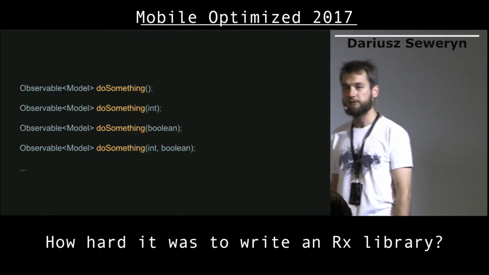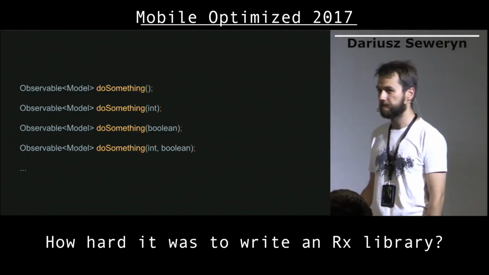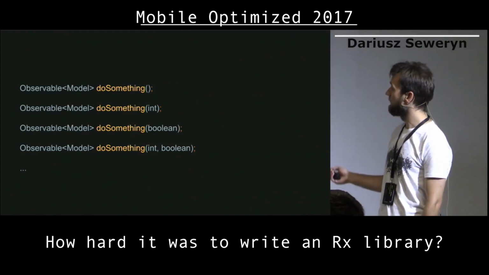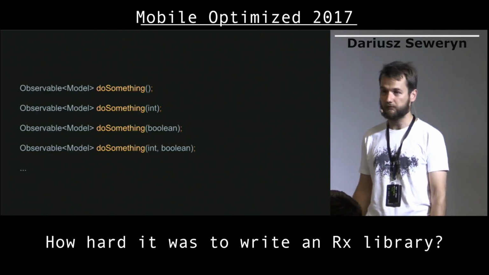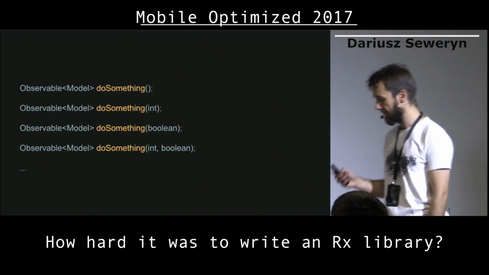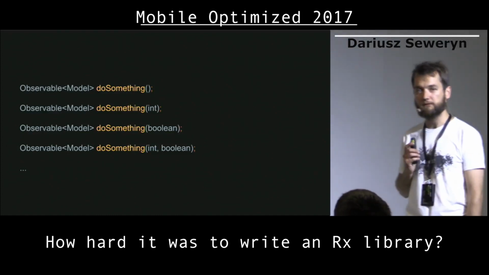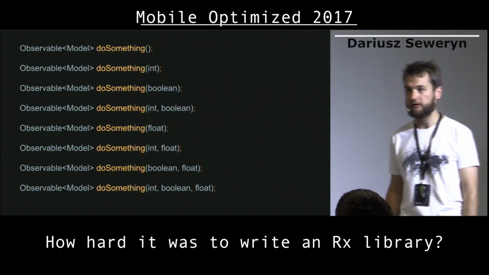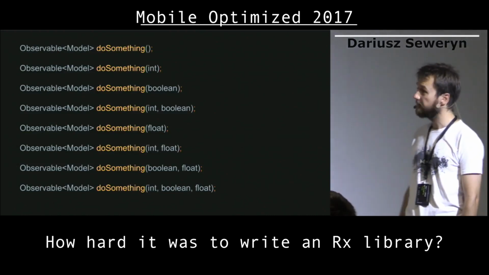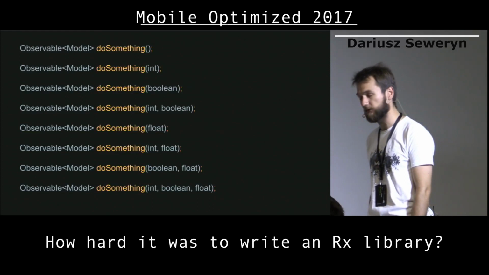Okay, but what if the user would like to change all of them? In this situation, we would have 4 different method calls that would do basically the same. Okay, but what if we would get another parameter there? The number of methods will exponentially grow.